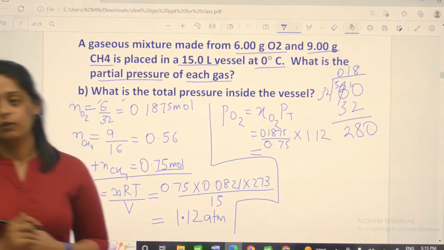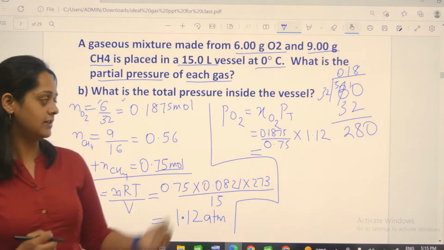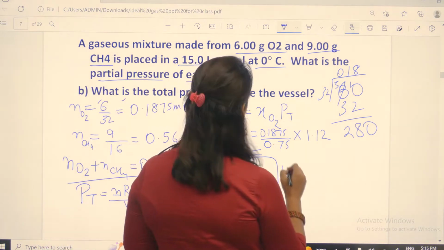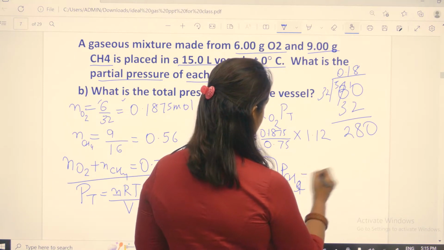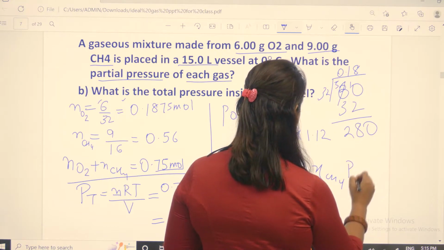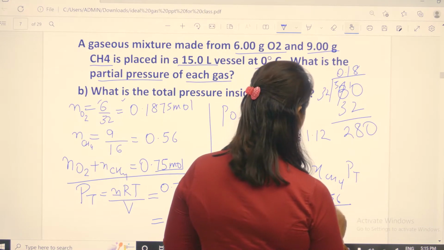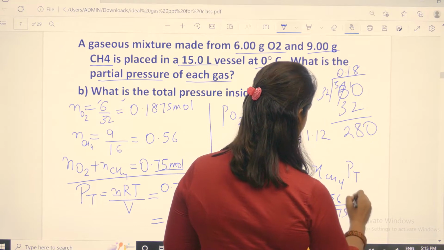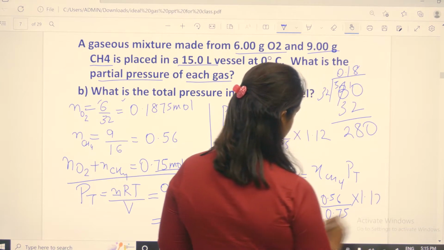Whatever the value comes, that is your answer for the pressure of oxygen. Similarly, pressure of methane would be chi of methane into Pt, which is 0.56 upon 0.75 into Pt, 1.12.